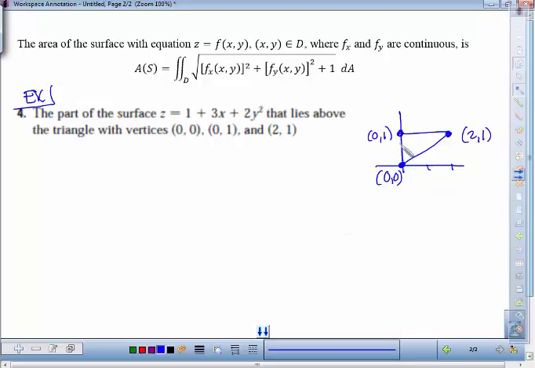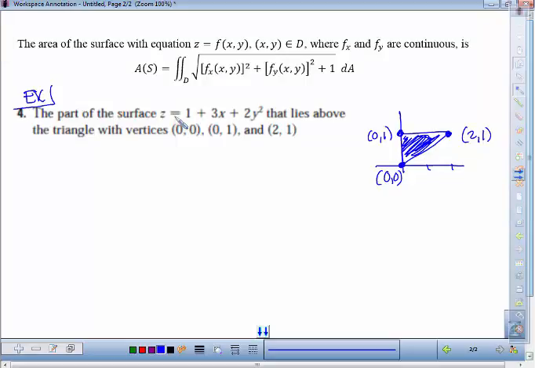So we have a region defined here, and just like setting up a regular double integral, instead of just plopping this function down as your integrand, you're going to find the surface area formula for that.